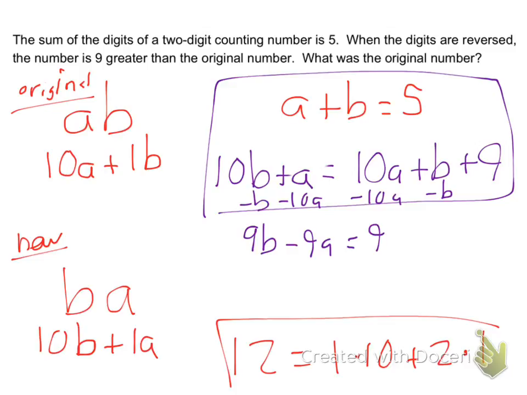I am going to place this equation and that equation together. So what can I do? I could use substitution. I could solve for B or A and then plug it into the other equation. Nah, they're in standard form.